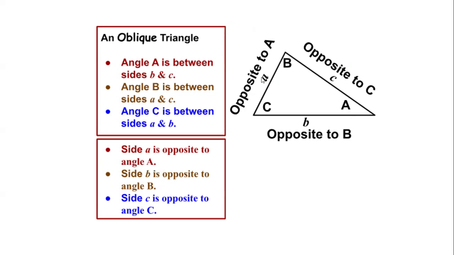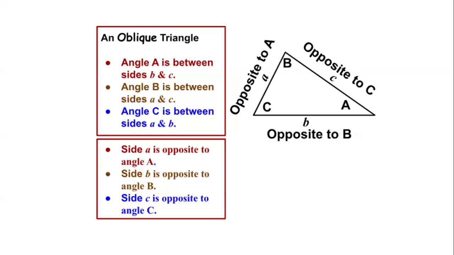Also, side A is opposite to angle A. As you can see, uppercase for the angles, lowercase for the sides. Side B, lowercase b, is opposite to angle B, uppercase B. And similarly, side C is opposite to angle C, uppercase C. So you can use the word opposite also for an oblique triangle.